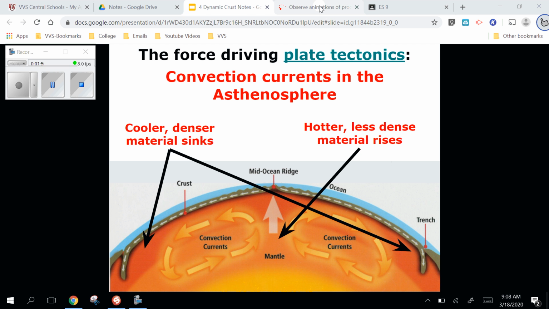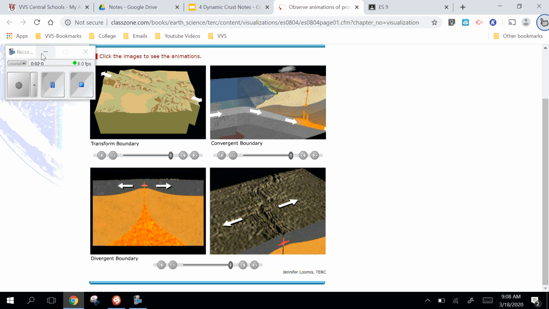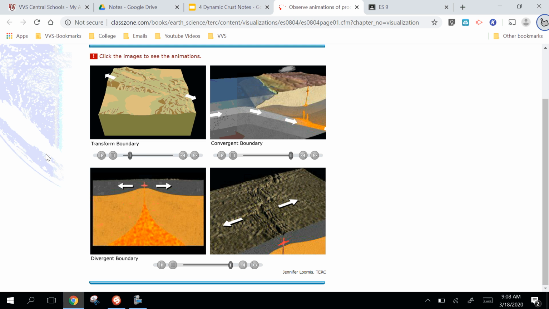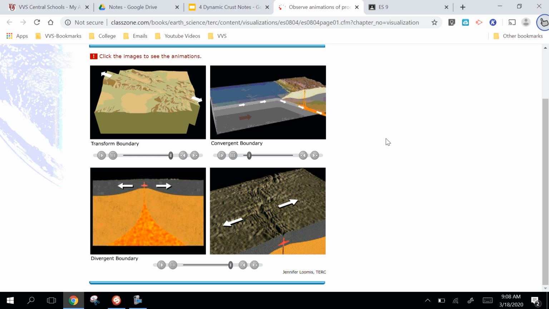Got a little animation here to show you kind of what I'm talking about. Up here, we've got a transform boundary. Okay, this is kind of the motion where two plates are moving apart from each other. Okay, over here, this is where they're moving toward each other. This is a convergent boundary. Okay?